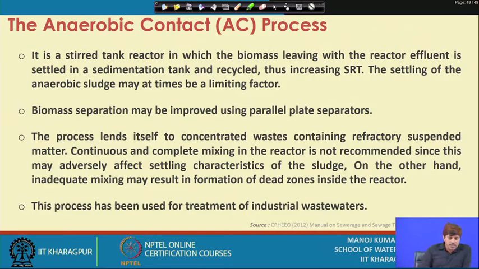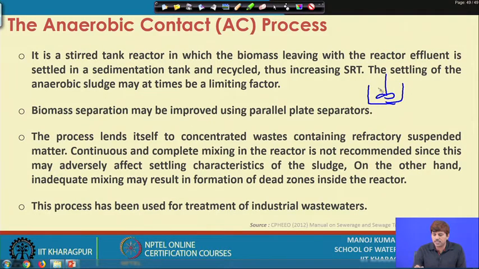So, this is a system similar to the activated sludge process, but closed. In the absence of oxygen you will have a reactor with a stirring system, closed from the top, and then that goes to another settling system, and the sludge is recycled over here. That way the sludge retention time is increased and the effluent is taken out.